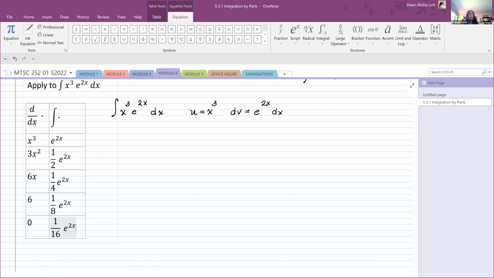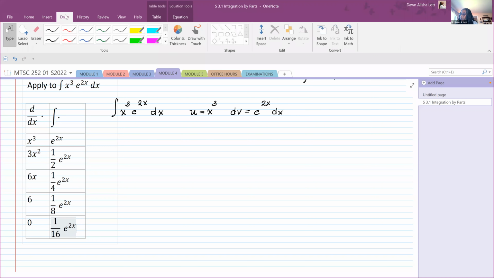So it's an x cubed problem: x cubed, 3x squared, 6x, 6, and then 0. So I keep integrating e to the 2x: 1/2 e to the 2x, 1/4 e to the 2x, 1/8 e to the 2x, 1/16 e to the 2x.